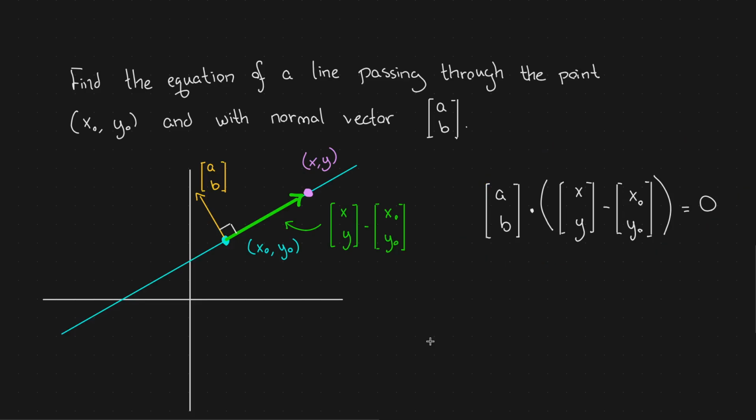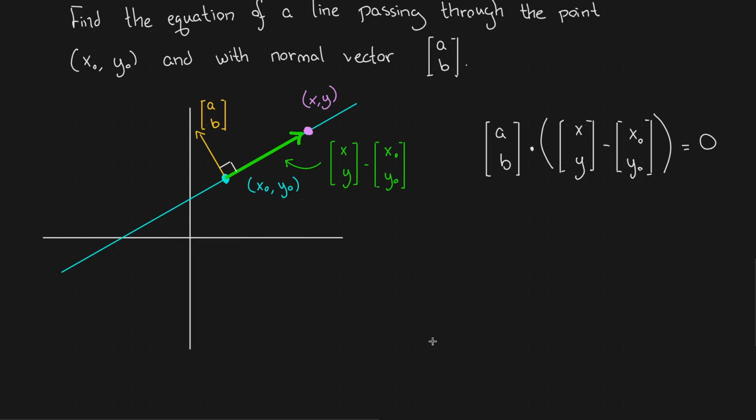Let's do the vector arithmetic and see what we get. Okay. So first you would subtract the 2 vectors, leaving me a vector x minus x naught as the first component, y minus y naught as the second component, equals 0.